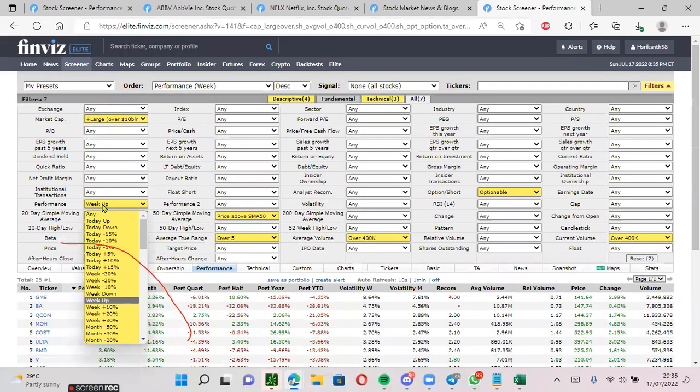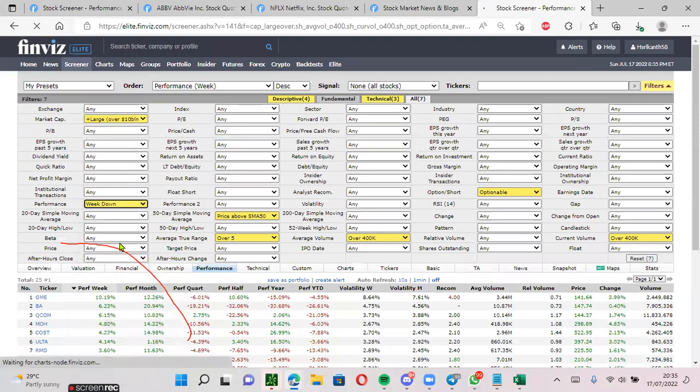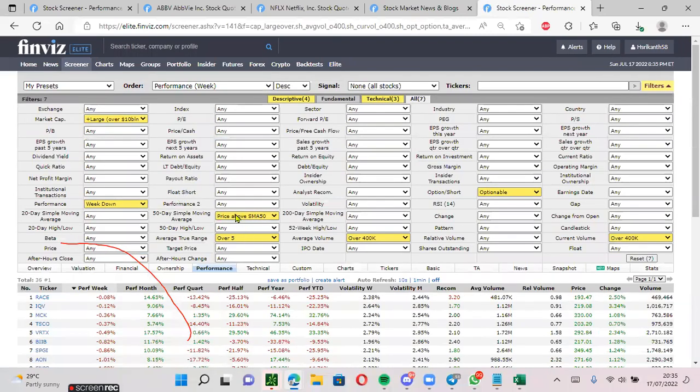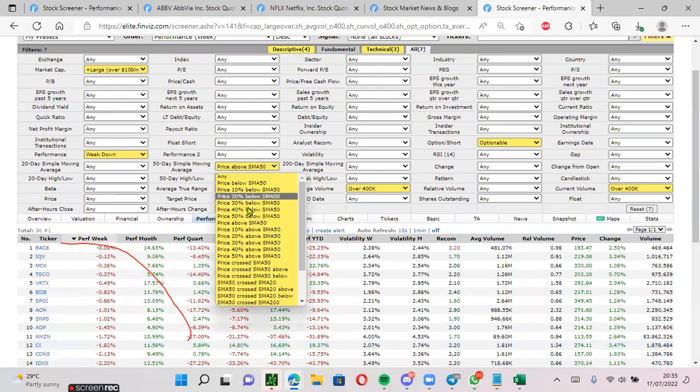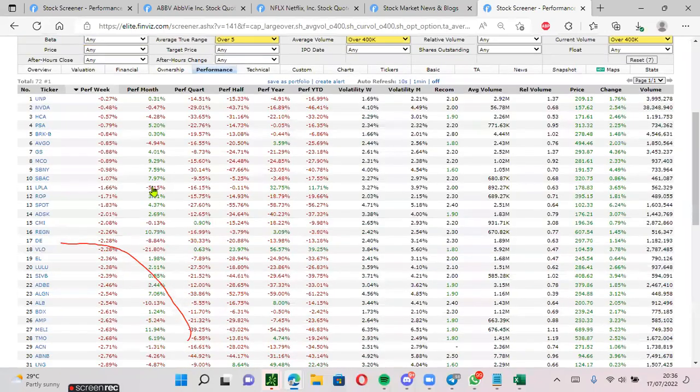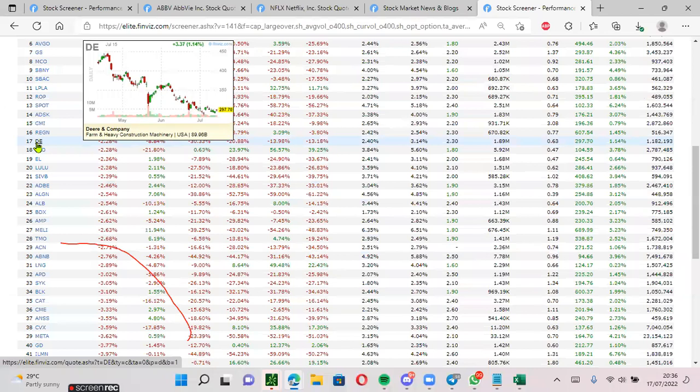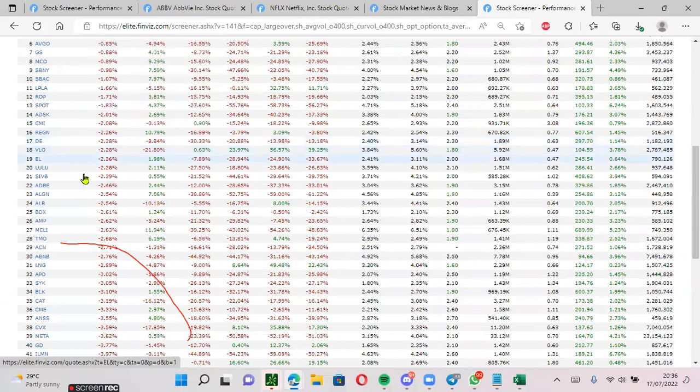We can do this one also for the week down, if the stocks are actually moving down. There are almost 36 stocks, and I expect them to be below SMA 50 for bearish, right? Nvidia is still bearish, with the chip sector not really breaking out much. John Deere is also still in a bearish zone.